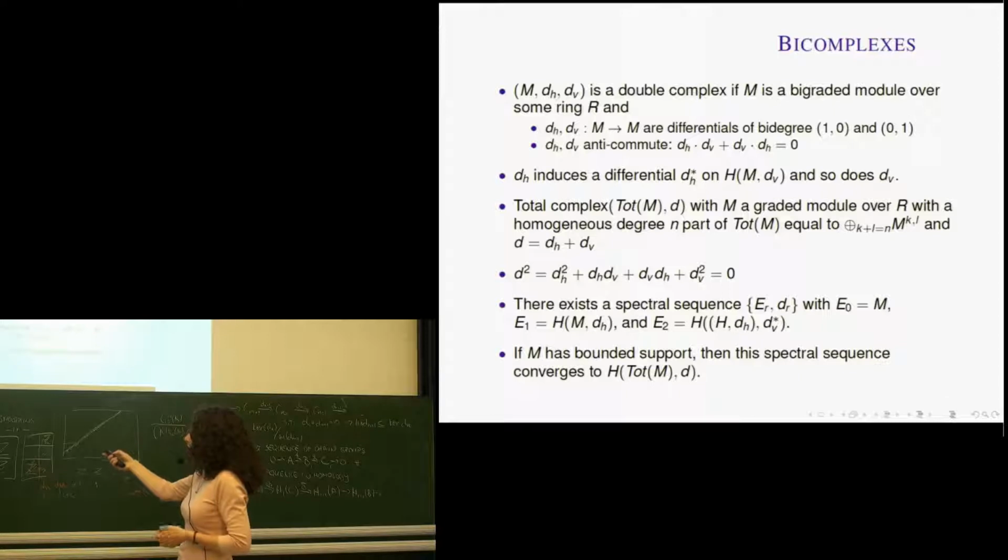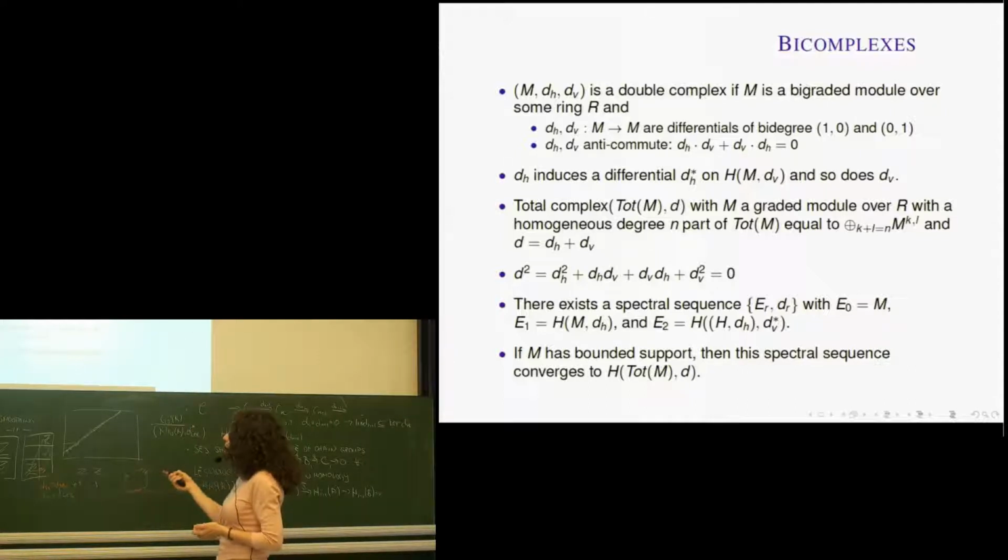Well, we can do that because it turns out that the sum of the differentials is also a differential, right? Because when we square it, we're going to get dH dV and dV dH, but this is 0 based on the anti-commutativity result. And these are 0 because they're differentials. So basically now you can actually compute the homology with respect to this sum of differentials.